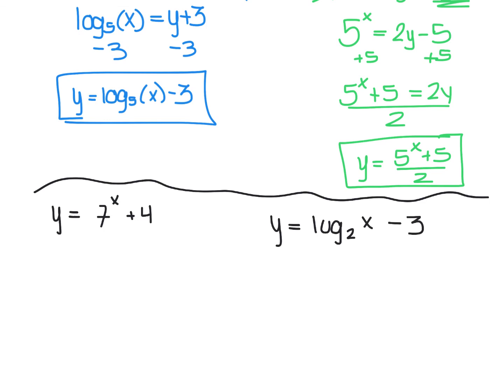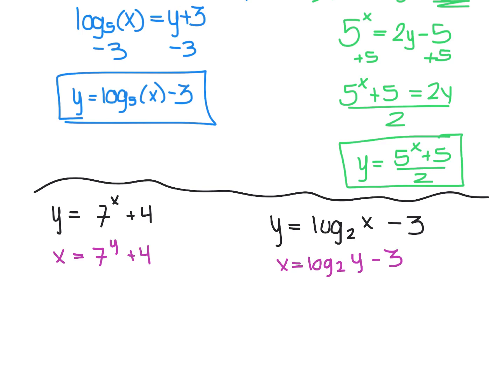If you're in this particular situation, yes, you start off by switching your x and y. So in each of these, it would be x equals 7 to the power of y plus 4, and it would be x equals log base 2 of y minus 3.